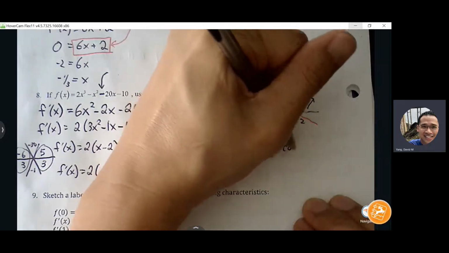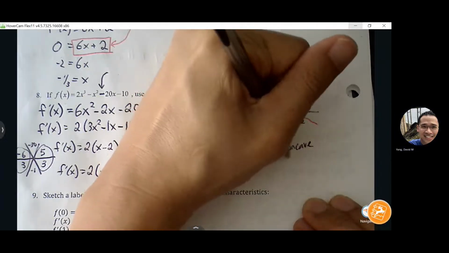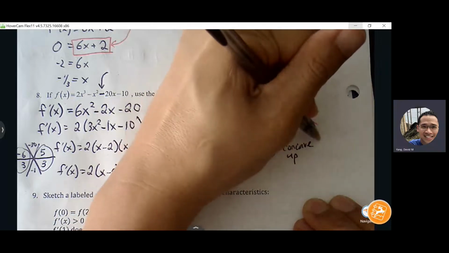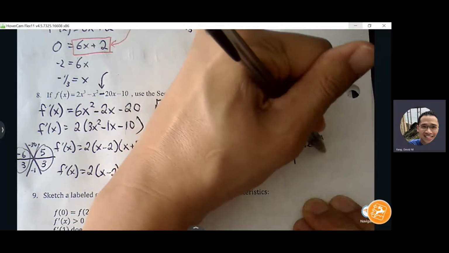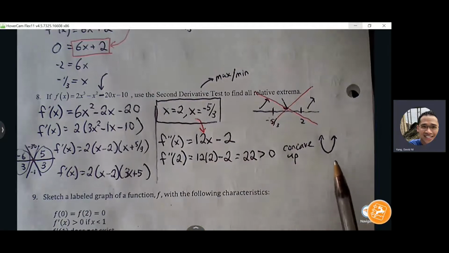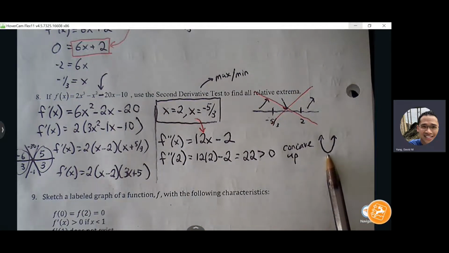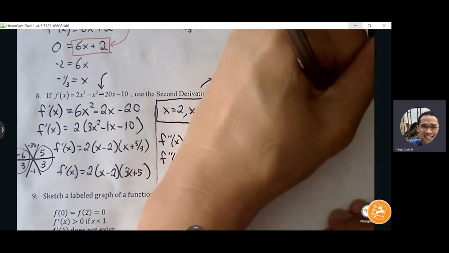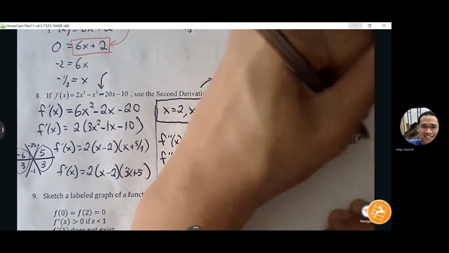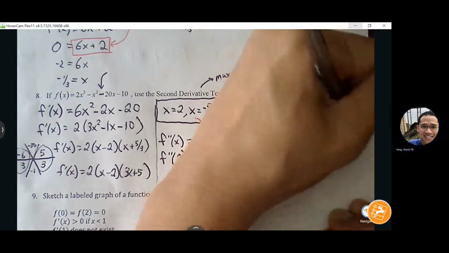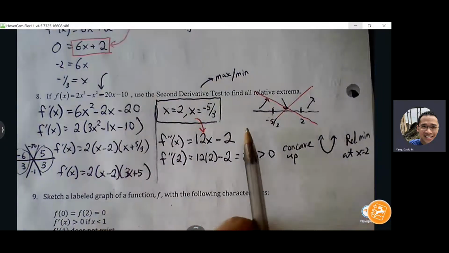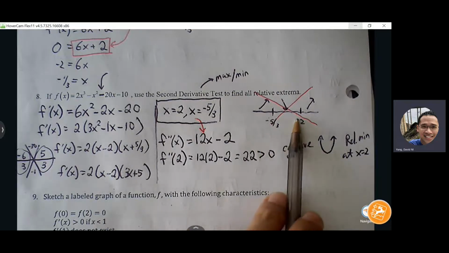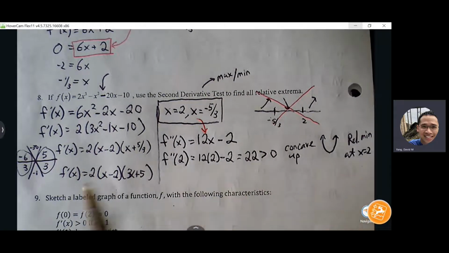If you can write out those words and then give yourself a visual, concave up looks like a U. And if you look at the point involved with concave up, you're staring at a relative minimum. Good. So we can say relative minimum at x equals 2. If we went through the first derivative test, we would get the same result, but we're purposely using the second derivative method to arrive at this conclusion.